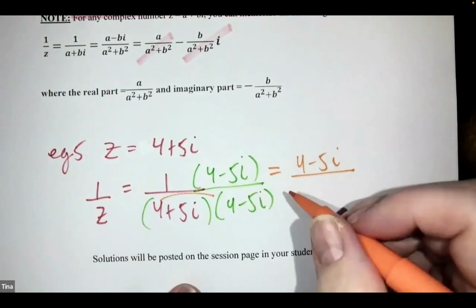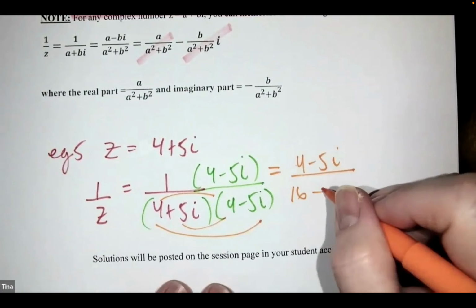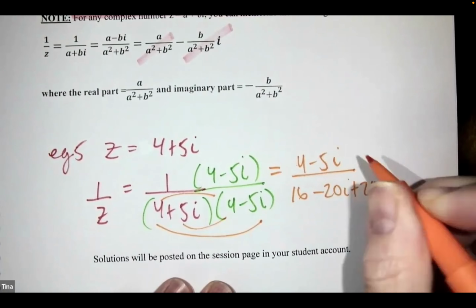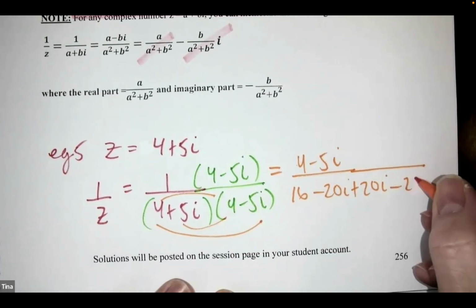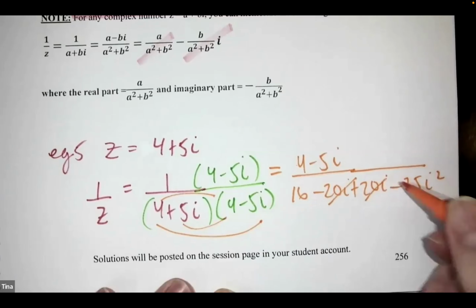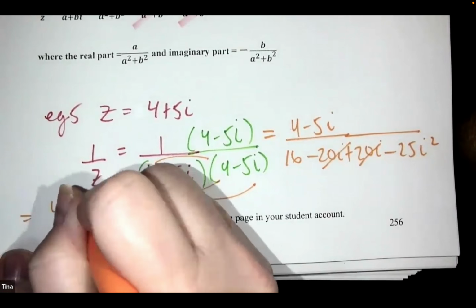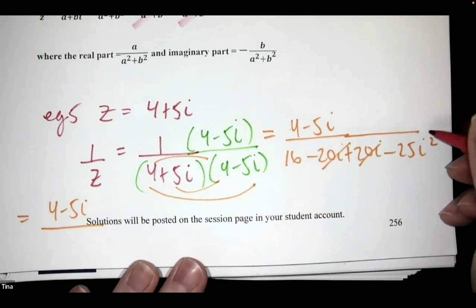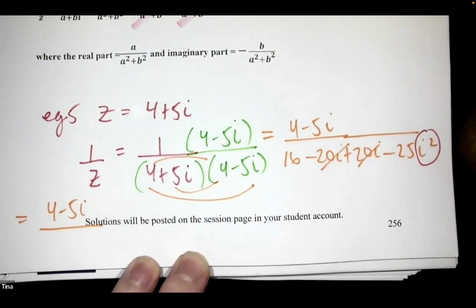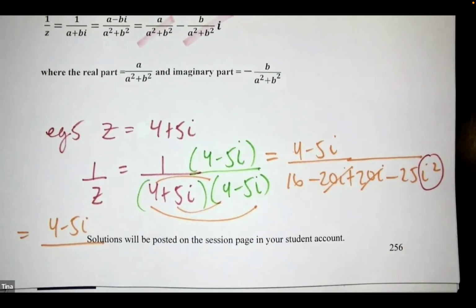So FOIL this out, it would be what? 16 minus 20i plus 20i, and 5 times negative 5, so minus 25i squared. So that would be 4 minus 5i over... well, how about you finish this? Think about what your i squared is and fill in your bottom here.